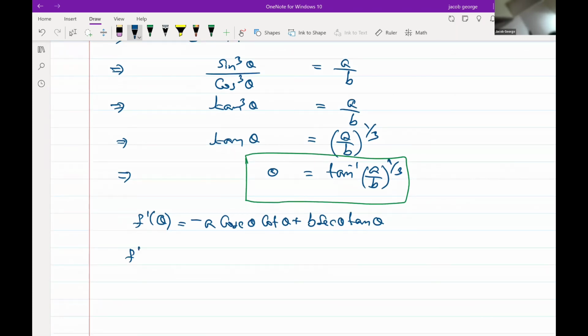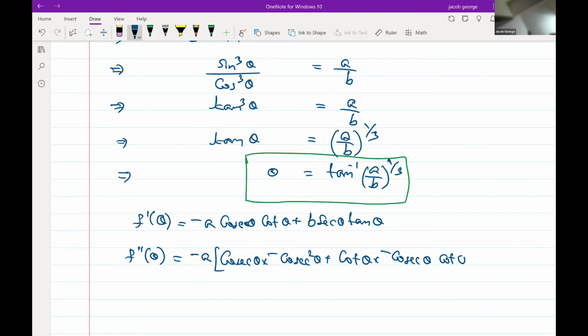Now f double dash theta is minus A into, here we have to apply the product rule because cosec and cot, two functions are there. It is cosec theta into derivative of cot theta, which is minus cosec square theta, plus cot theta into minus cosec theta cot theta.